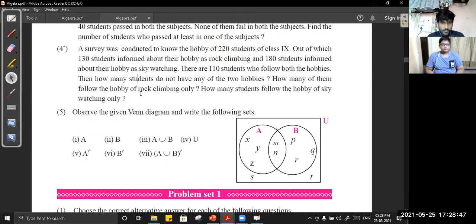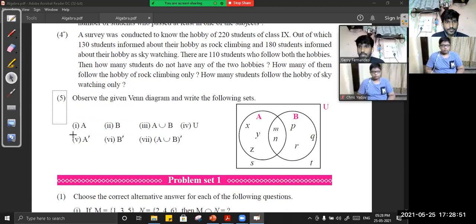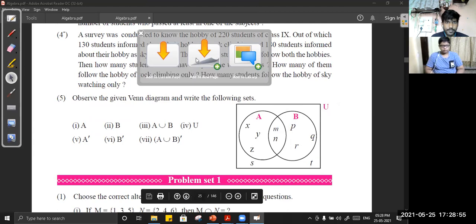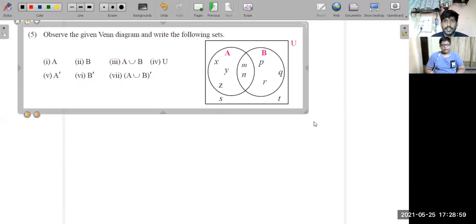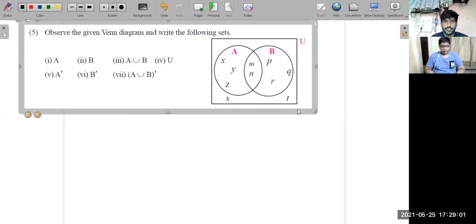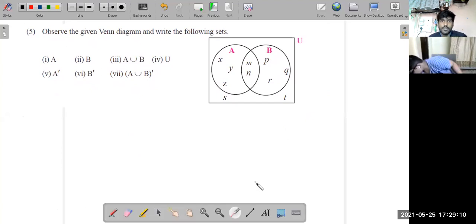Okay. Now we have the last sum remaining here, the fifth one. Observe the given Venn diagram and write the following sets. Now I want you to open your notebook and do this.